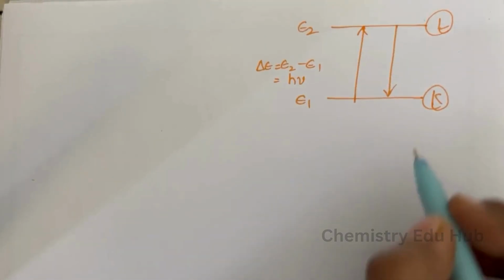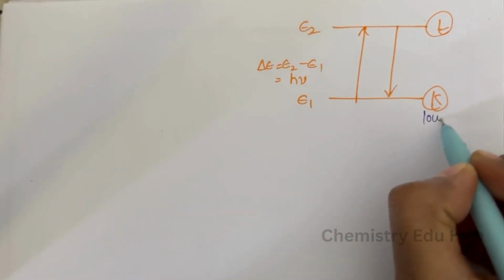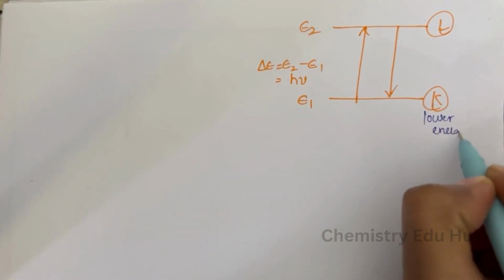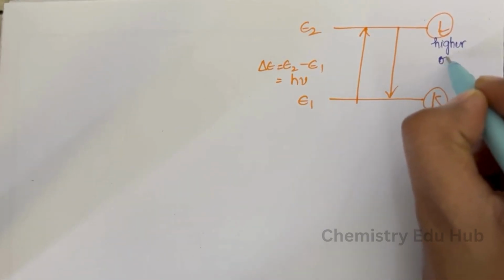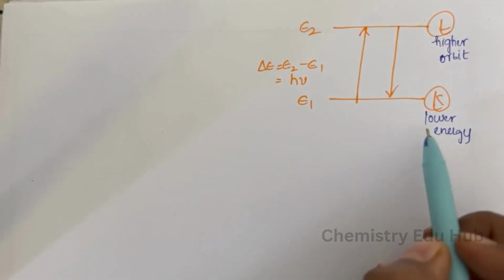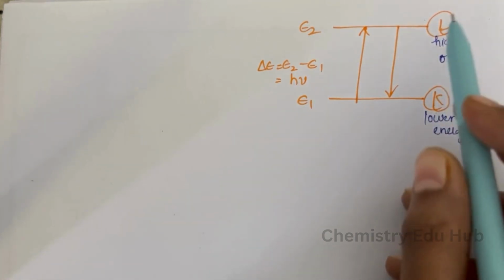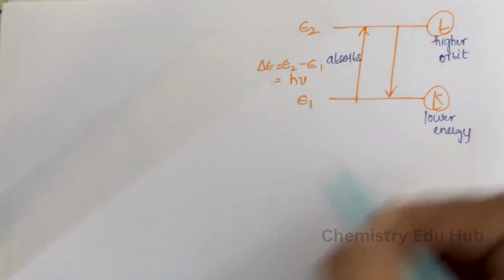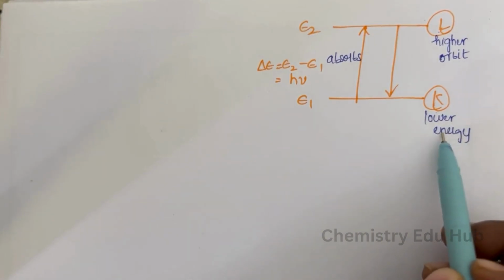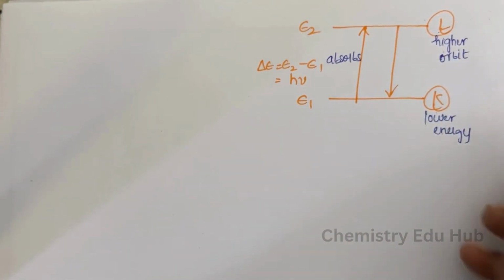The electron jumps from lower energy level or lower orbit to the higher energy level or the higher orbit. Now, while moving the electron from lower to higher, it absorbs energy. That means its energy increases. So that's why it's going from lower to higher.